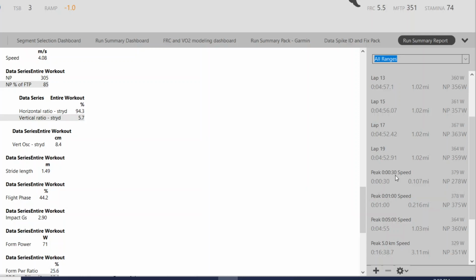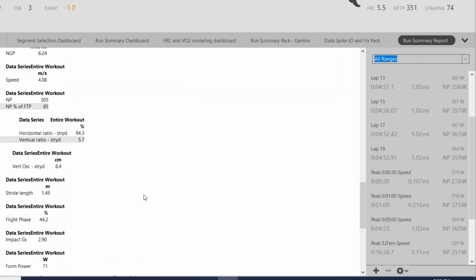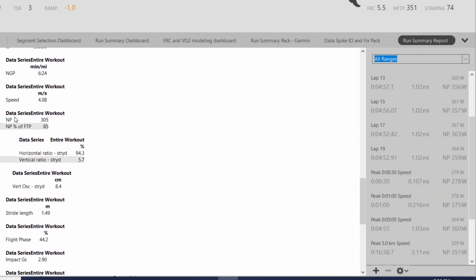In running, normalized power really doesn't have much applicability day in, day out. Most of the time, it's the same as AP. Sometimes it's even less, which is never the case in cycling. But in interval training, and probably as well in mountain races or trail races where there's hiking and such, that NP value can be of some value in interpreting your data.